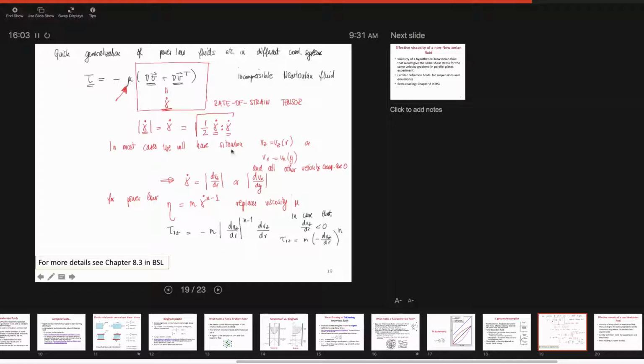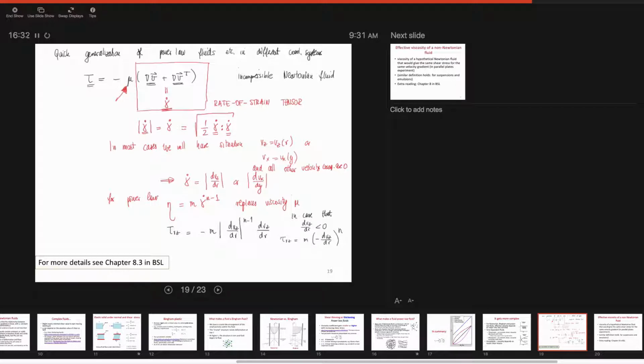And here I'm taking the tensor with itself. So it's going to be dVx/dy times dVx/dy plus dVx/dz times dVx/dz, and so forth. I'm just going to add for all of the elements that I have in there. So essentially, when I do that computation for something that has only Vx that is not zero, I'm going to get this absolute value.